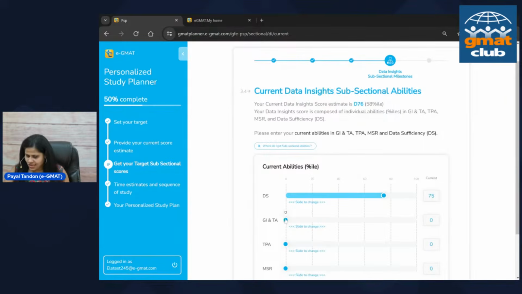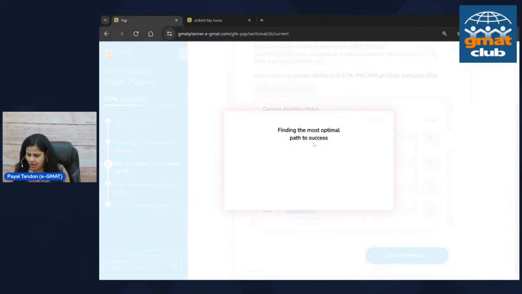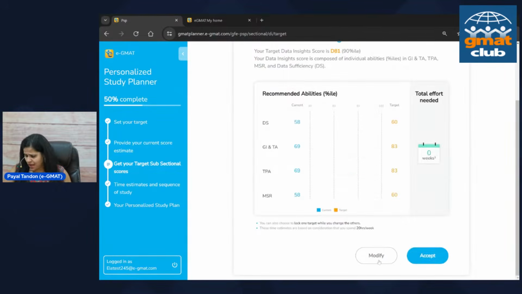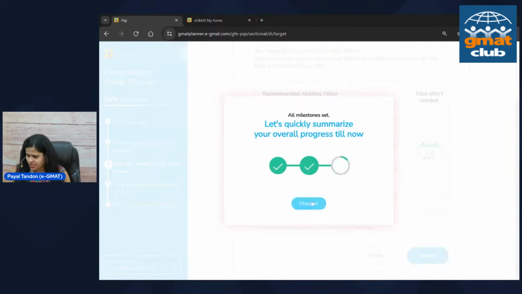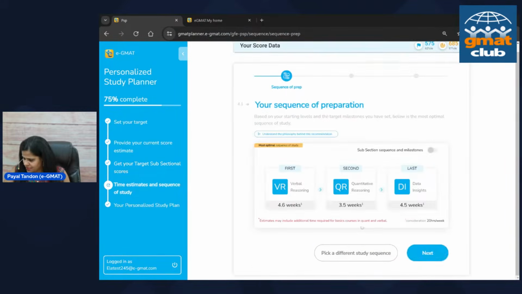I'm good at DS here. Here's where I'm at, and then this one TPA, and then MSR is my weakest section. So let's get that. The next thing that's going to happen is it's going to give me a complete journey. It's going to summarize the entire journey, and then it's going to help me plan my daily time commitments. So let's get the time commitment here.